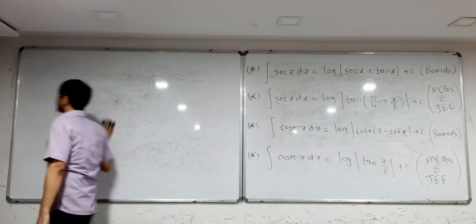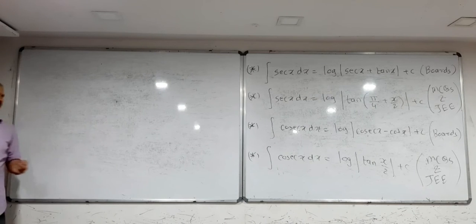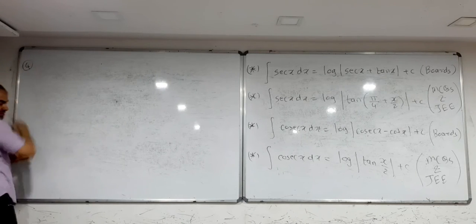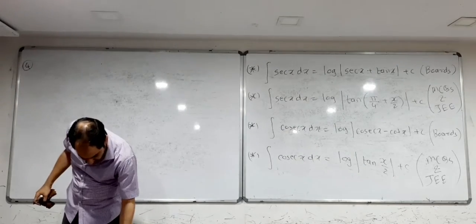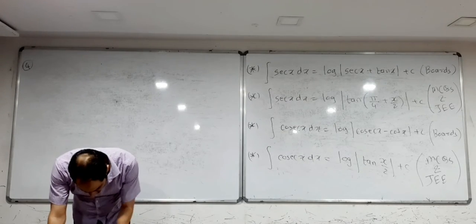Let tan x by 2 is equal to t. Then how much did dx come to? Okay, let me solve one more question so that you will understand.